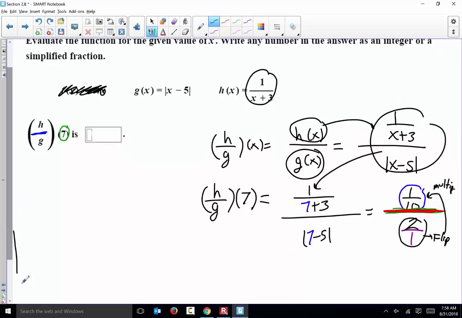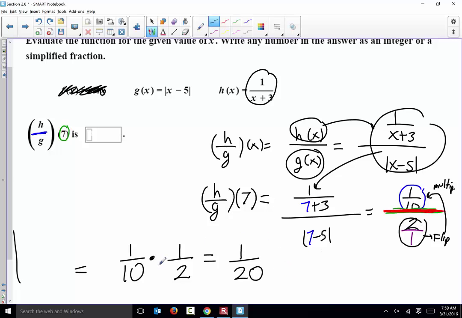So this is what I mean. 1 over 10 is the top. I flip the bottom, which is 2 over 1. When you flip it, 1 over 2, and it is 1 over 20. Instead of getting 1 over 5, the denominator enlarges, it becomes 20. 1 over 10 is split 2 more ways, it's 1 over 20, okay?